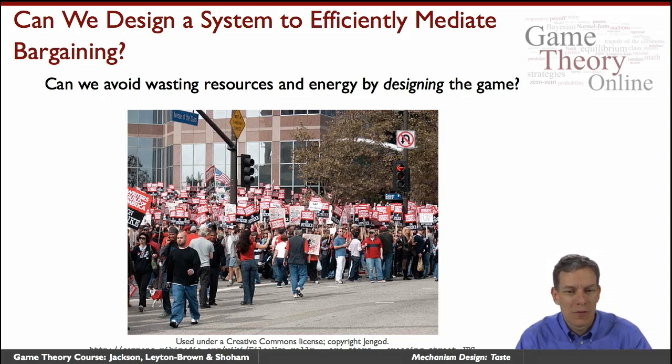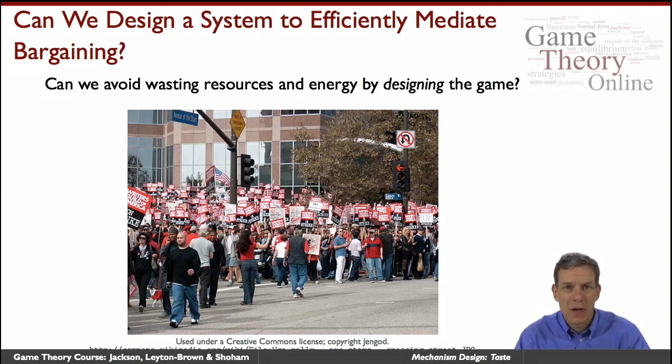So we have a situation where we have workers thinking about trying to get higher wages, and we have management and shareholders on the other side trying to keep wages low. And they each want different things coming out of a new agreement, labor agreement. Can we design a way in which they're going to come to a table and make offers and counteroffers in such a way that they'd actually reach an agreement and avoid a strike and avoid wasting resources and time?